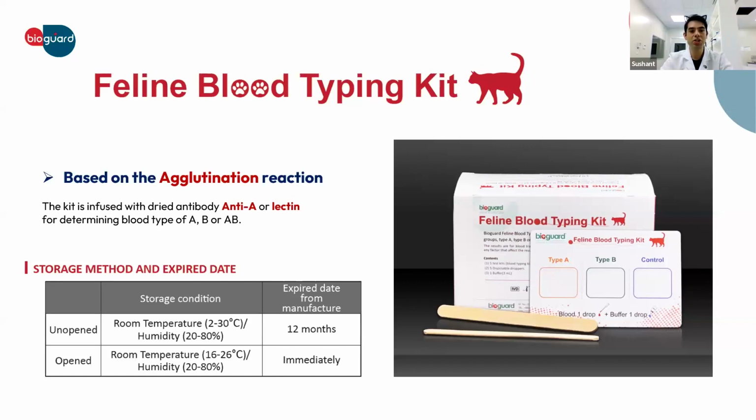This test, as I mentioned, is based on a simple agglutination reaction where the card is embedded with anti-A and anti-B lectins, and it can identify type A, type B, or AB. The most good part is that the kit is stable at room temperature. You can keep the test for 12 months from the date of manufacturing.